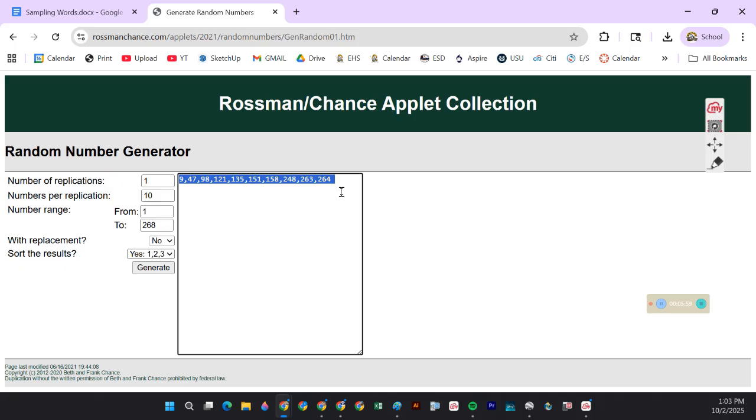Now, how did the computer do that? It looked at the time. It's got some sort of calculator. I don't know what it is, but it's probably looking at what time it is, how long the computer's been on, and then other numerical data, and then it multiplies all those numbers together and uses that to spit out the answer.